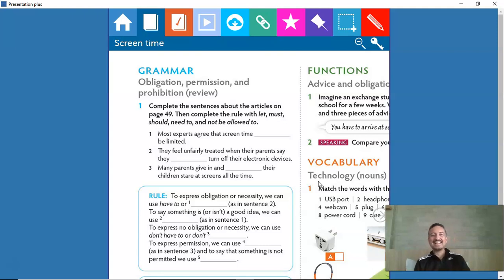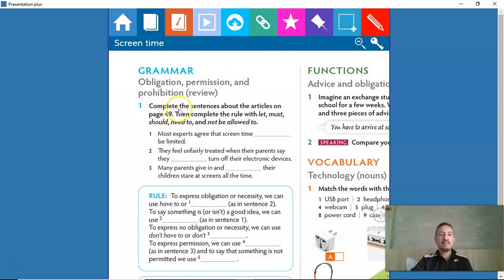And now we're going to work with some grammar taken from the text. This grammar is related to obligation, permission, and prohibition. And it's a review, because you have seen this before in previous years.